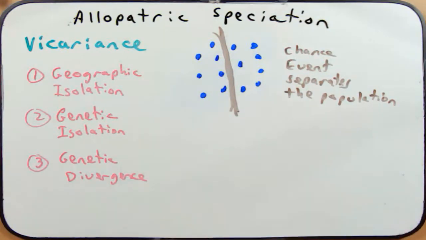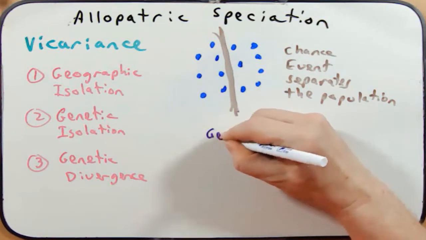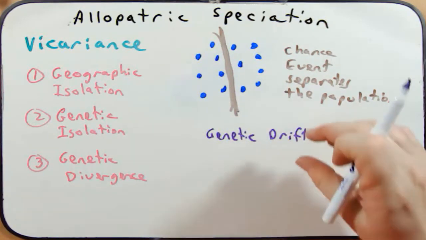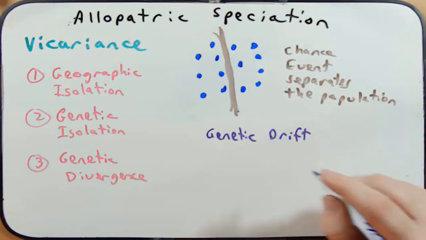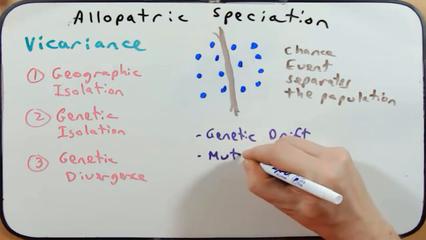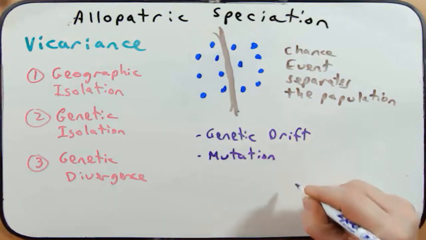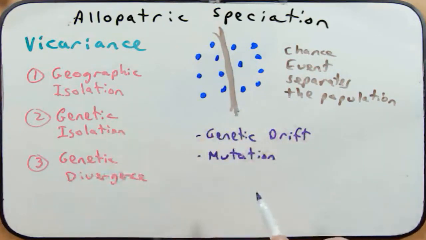So again, we could have genetic drift, where part of one of these populations is lost, and now you have a smaller population left, which would be an example of the bottleneck effect. It could be that one of these populations develops new mutations. And since there's no gene flow between them, you can't share those mutations on either side.